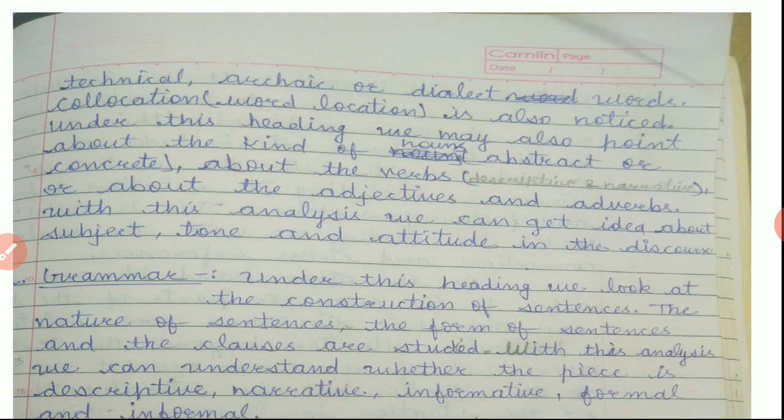Then the construction of sentences will also tell us whether it is related to a technical field or it is just about something imaginative, whether it may belong to science fiction, a novel, a poem, or a story. Looking at the construction of the sentences, we can reach that point.